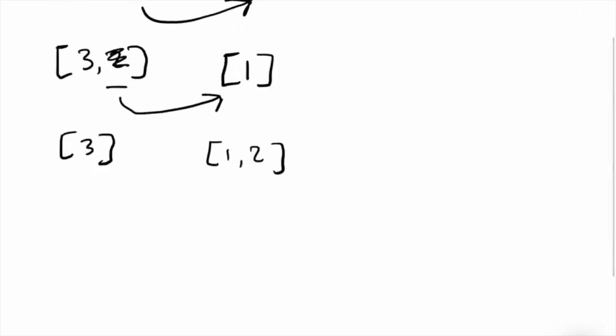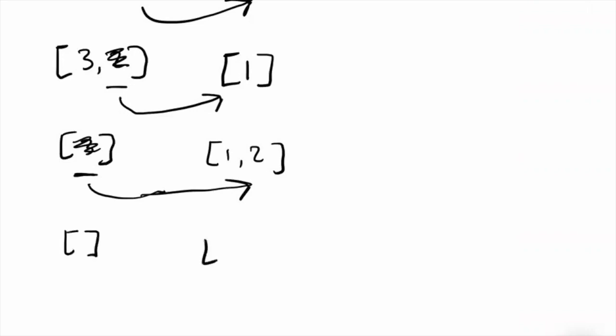And then finally, we take 3 and we append it into our sorted array, and we delete it from the unsorted array, and the unsorted array becomes empty, and the sorted array is left with 1, 2, 3. And that's the idea of selection sort.